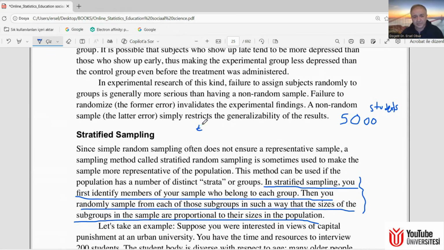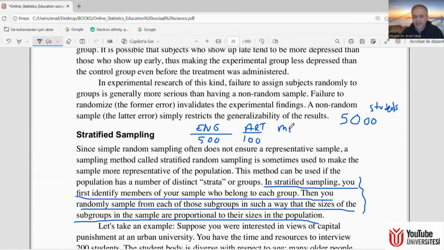So engineering, let's assume we have 500 total students in engineering, and then art, let's say we have 100 there.